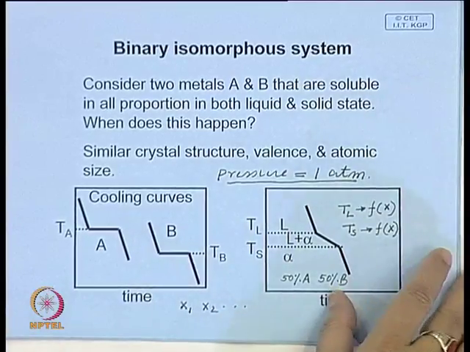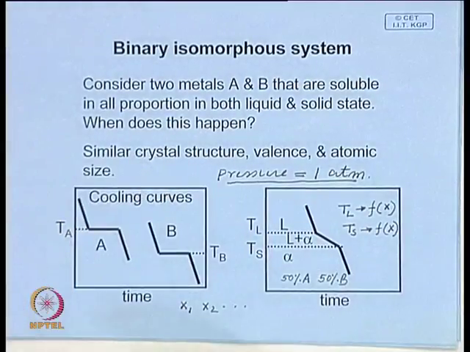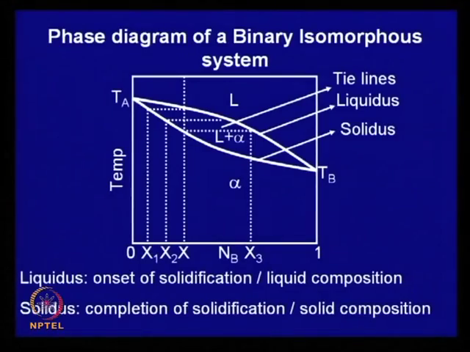And then if we get this data and plot it on a diagram like this, here the y axis is the temperature axis, the x axis is the composition axis. Let us say capital N B represents atom fraction B. It starts with 0, and this is 1.